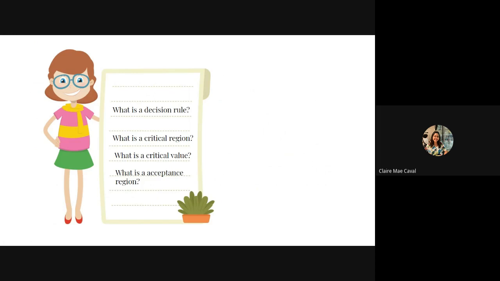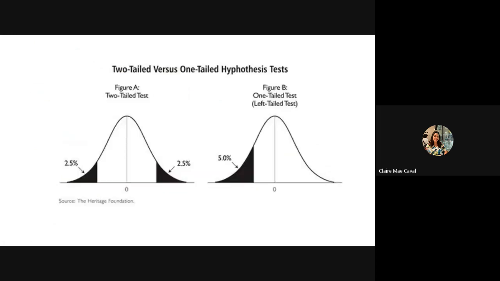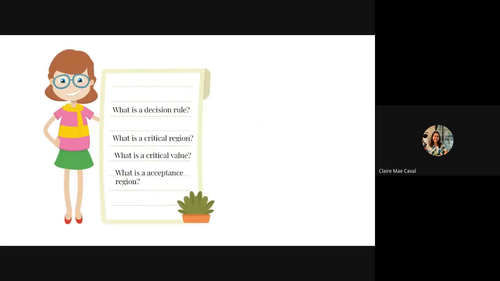When you say critical region, it is the area under the sampling distribution that includes unlikely sample outcomes. Your critical region is also known as your rejection region. This is the area where the null hypothesis is rejected. So let's go back. Those in black, this is the critical region. Again, the decision rule is a criteria whether or not you will accept or reject the null hypothesis.